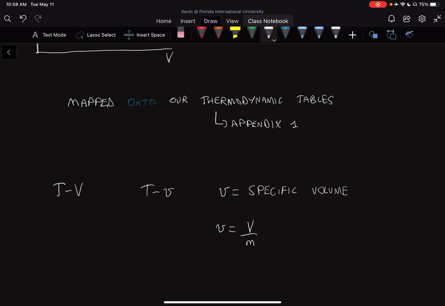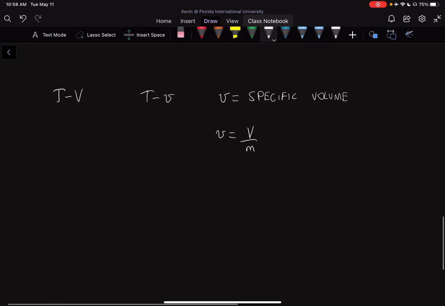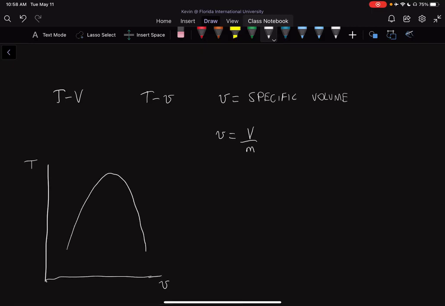So we know now, if we have a TV diagram for a specific substance like water, there's a region like this, and because we have this graph available in tabular form, we can find any point on this graph and what the properties would be.